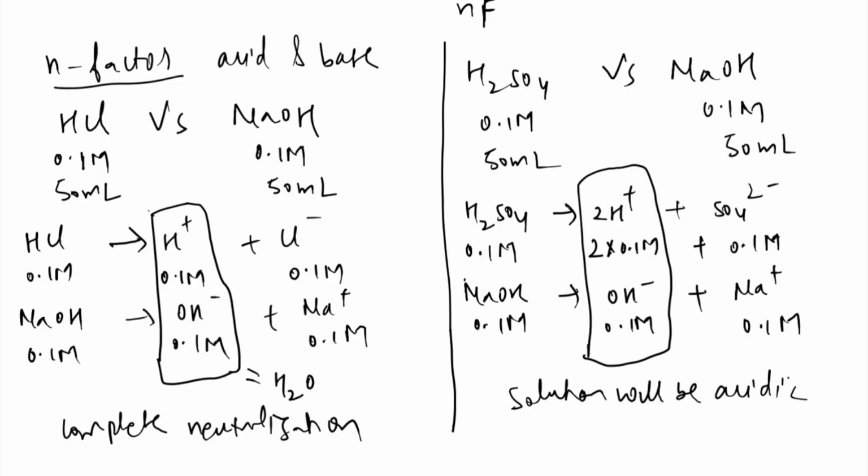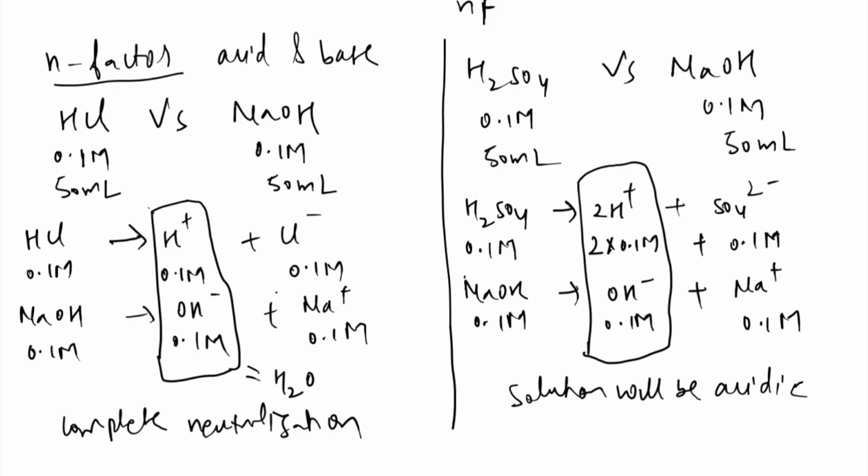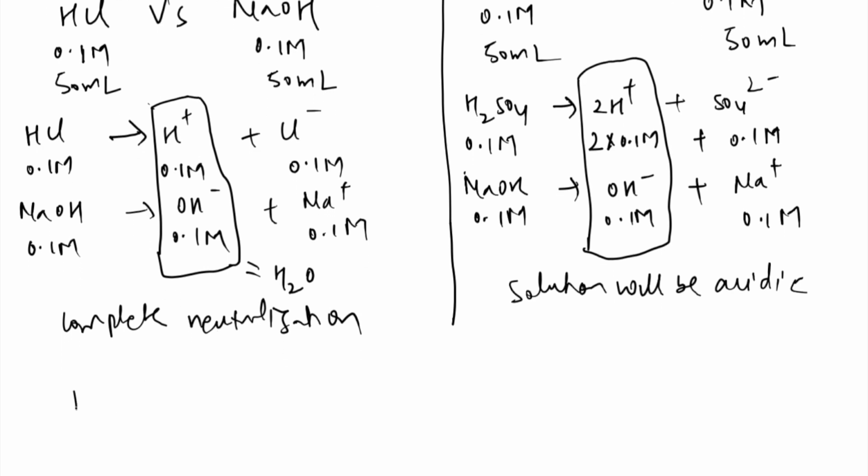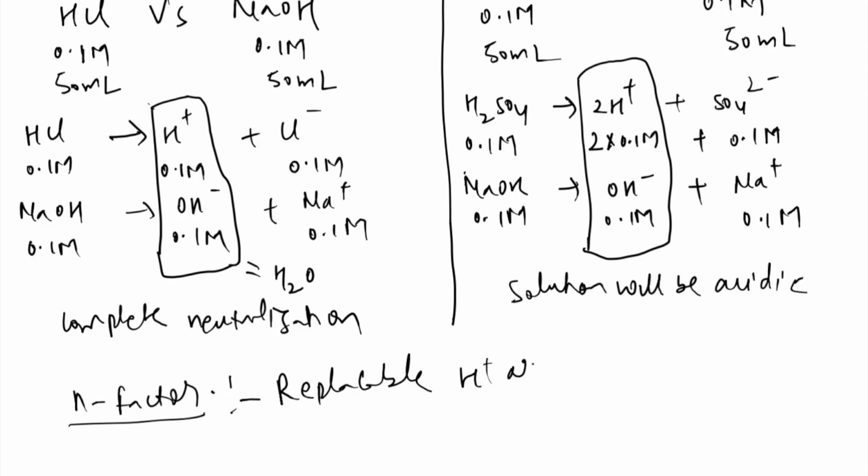Okay, so from this concept, the concept called N factor comes into the picture. N factor basically represents the replaceable H plus or OH negative ions in terms of acid and base.